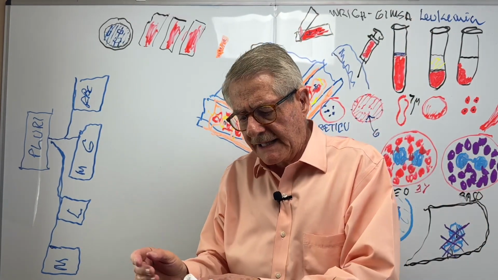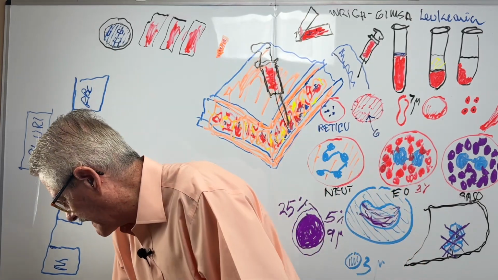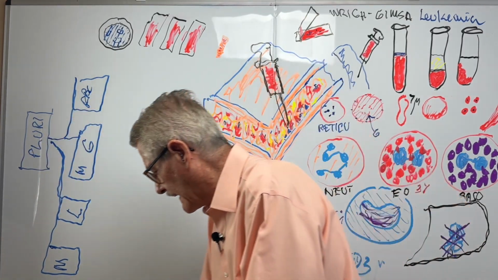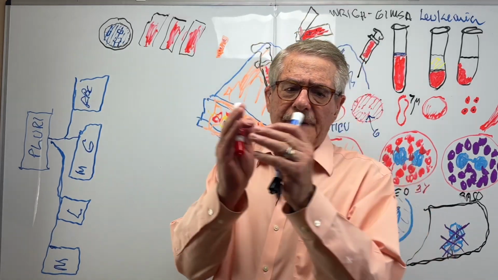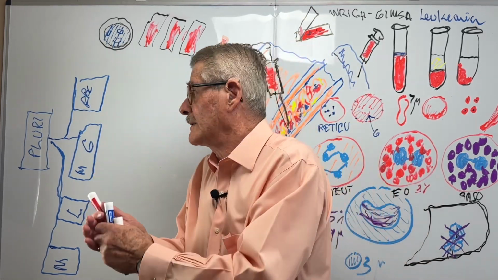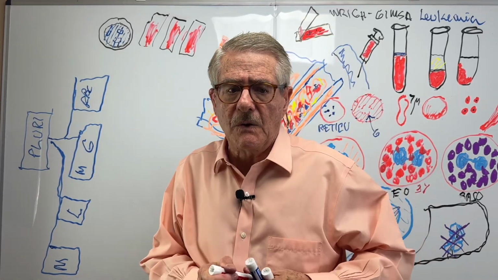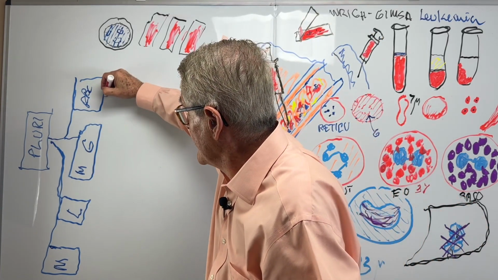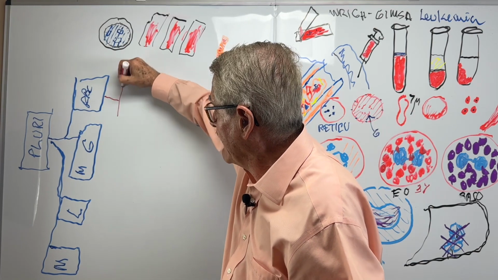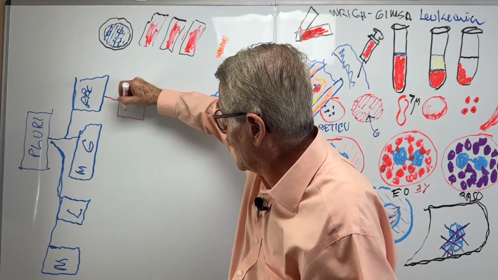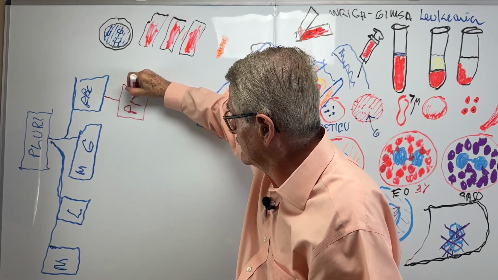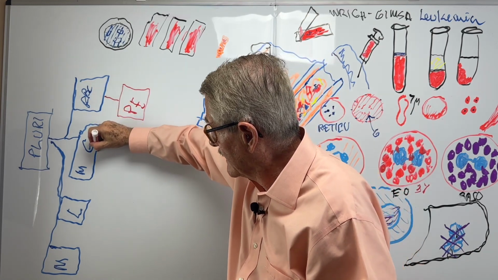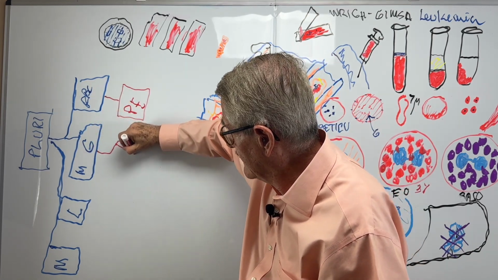They go a little stage further. I will use a different marker now. They go one step beyond and differentiate into proerythroblast cells, which this one will be a proerythroblast, a myeloblast.